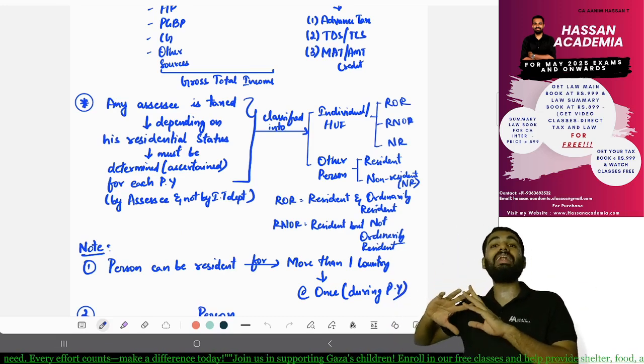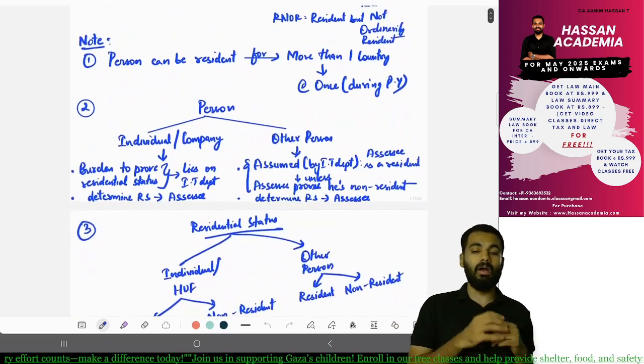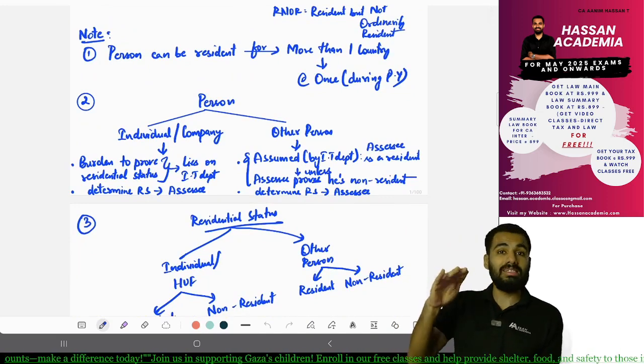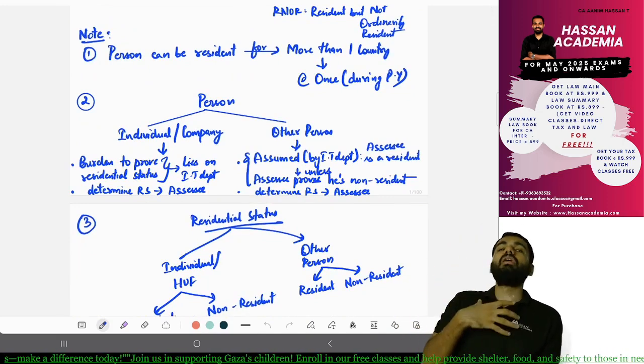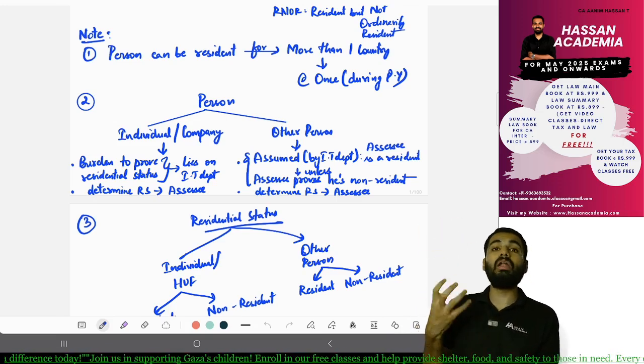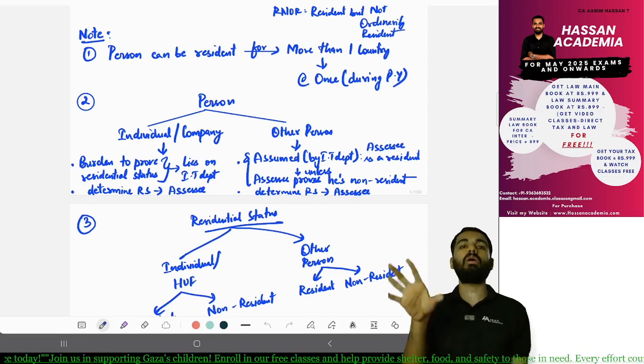But if it is other than an individual or company, then it is the burden of the assessee itself. Why? The income tax department will say that yes, he is a resident. Now it is the burden to prove that he is a non-resident, for those other than an individual or company.